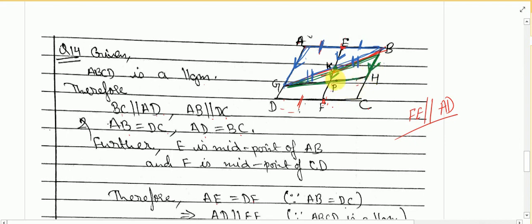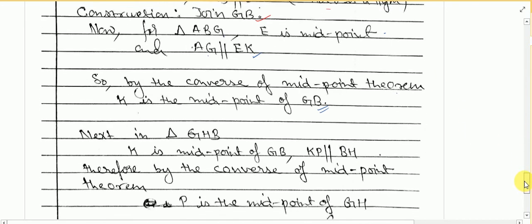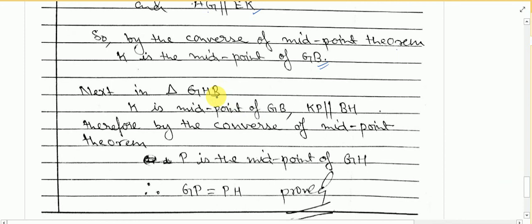So in that case, by the converse of midpoint theorem, P will be the midpoint of GH. Therefore, GP will be equal to PH. So here next we'll consider triangle GHB, where K is the midpoint of GB and KP is parallel to BH. Therefore, by the converse of midpoint theorem, P is the midpoint of GH, and therefore GP is equal to PH.